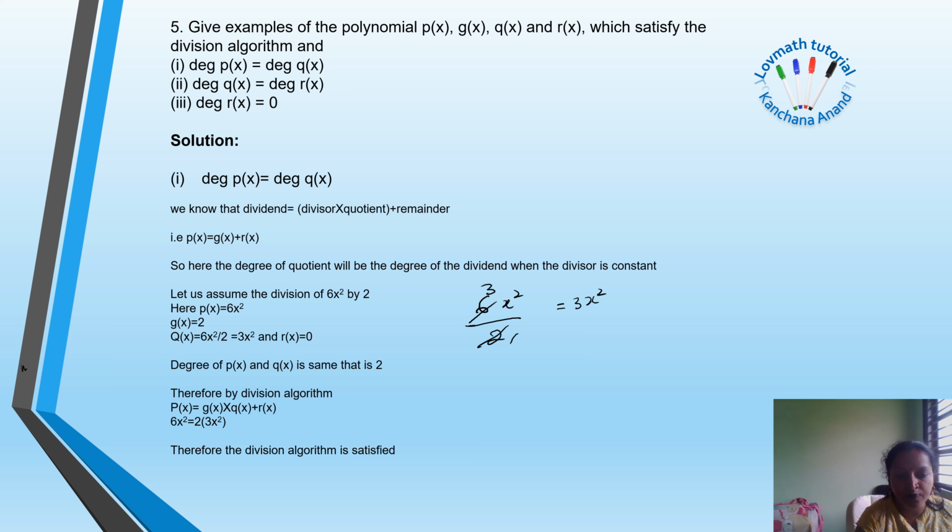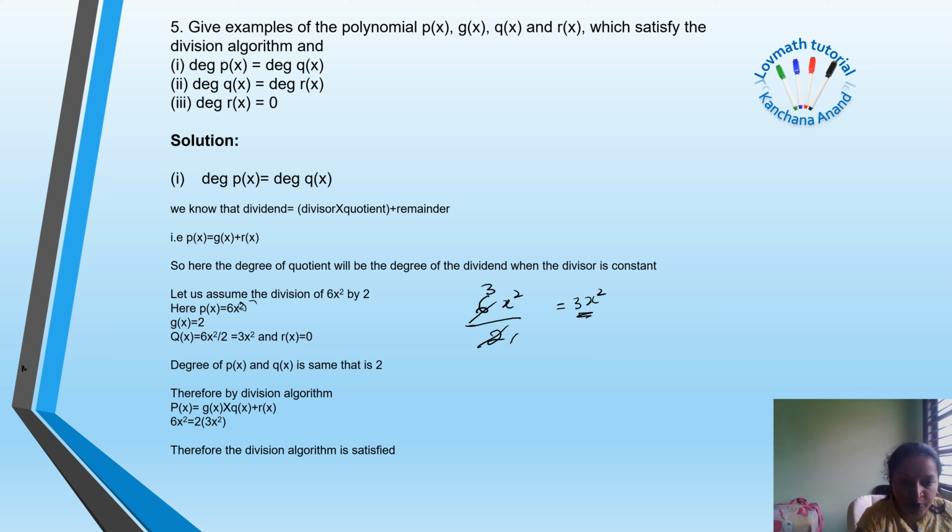That means we get 3x square. So here p of x is equal to 6x square, g of x is equal to 2, that is the divisor, q of x, the quotient, is 3x square, and the remainder is 0. Now the degree of p of x and q of x is the same, that is 2.